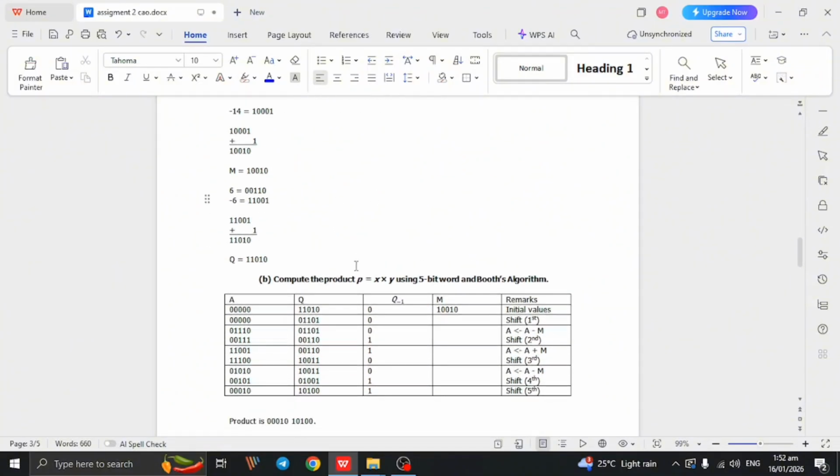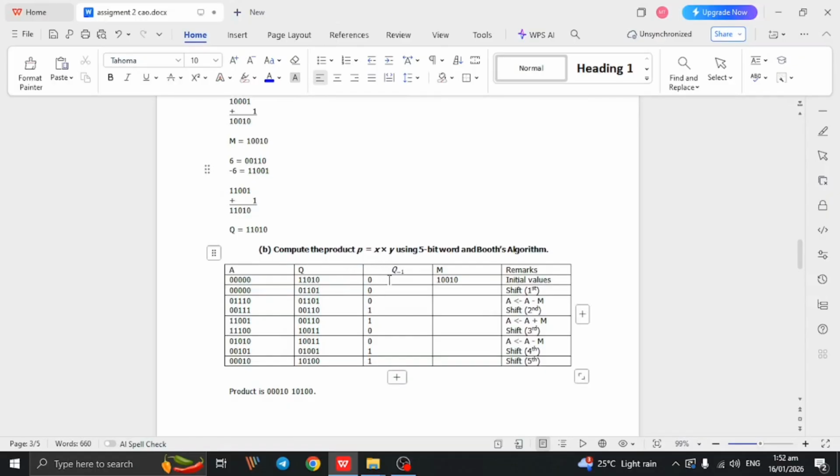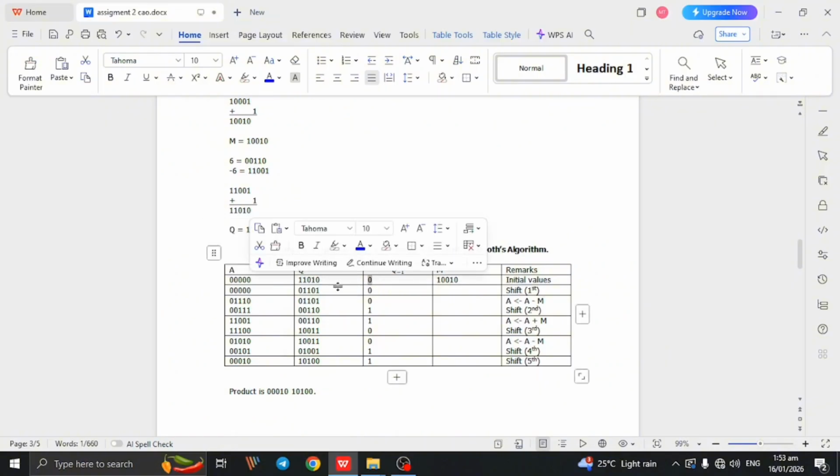Then we will compute the product of x times y using a 5-bit word and Booth's algorithm, using this table. The initial value of A is 0, and Q, as we have calculated, is 11010, and Q-1 is 0, and M is 10010.